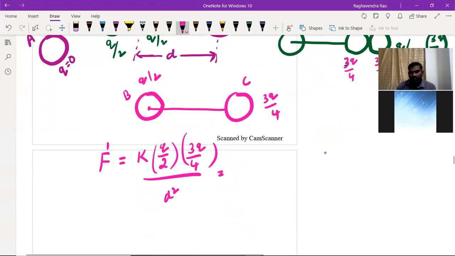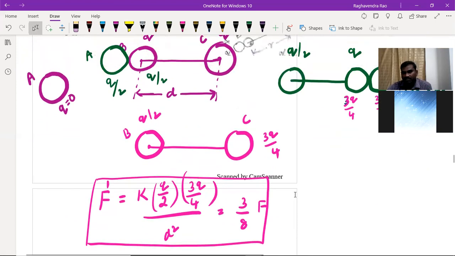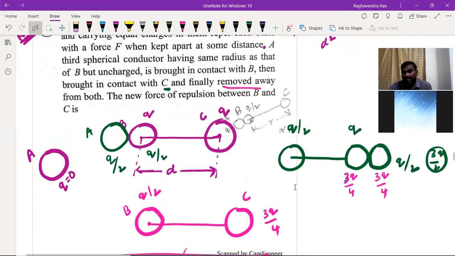This is 1 by 2 into 3 by 4, that is 3 by 8, times K Q squared by D squared, which is nothing but F. That means F dash is equal to 3F by 8.